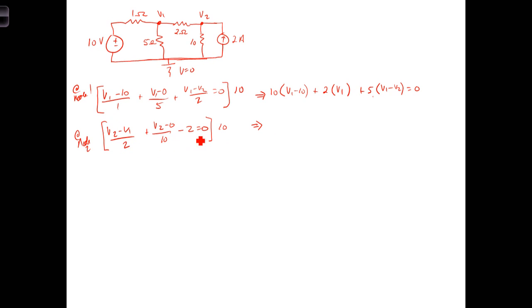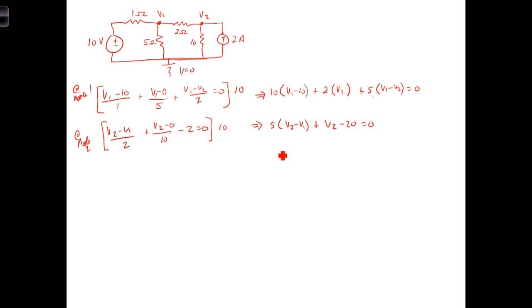So 10 times this, the 2's cancel, and we're left with 5 times V2 minus V1, plus now 10 times this term, the 10's cancel, and we're just left with V2. And then we have 10 times a minus 2 is a minus 20, and the sum of those terms equals 0.